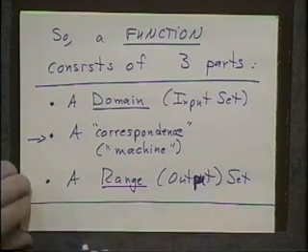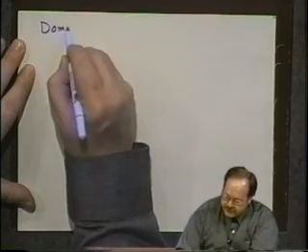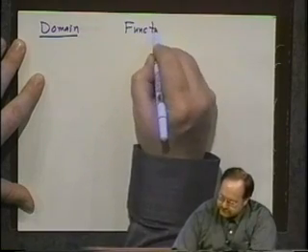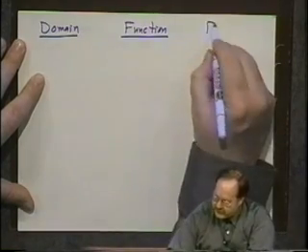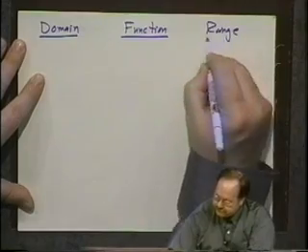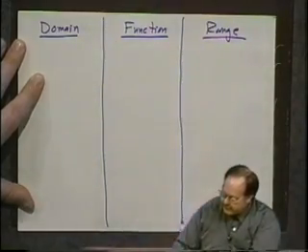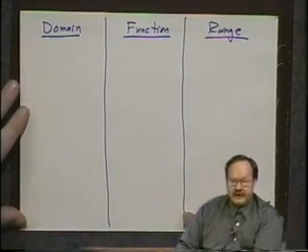Okay. All right, now let me go back to that three-way picture that I had before. So I had over here, now I'm going to just call it domain. And in the middle I had function. And on the right I had range. And let me divide it in three again. And now let's talk about the notation that's used for this.